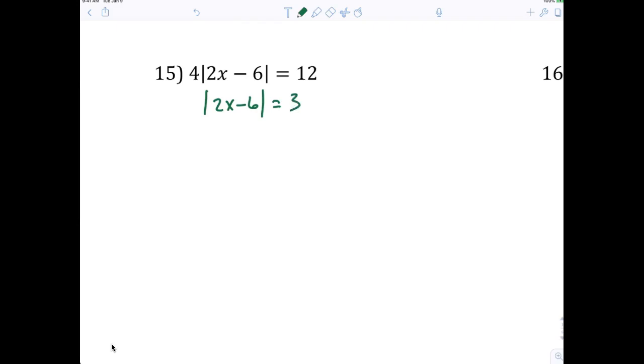Now from there, tell me what to do. I've got to write the 2 equations now. 2x minus 6 equals 3, and 2x minus 6 equals negative 3. Now listen, I always tell kids, it doesn't matter if you put the negative 3 here or the 3 here, but for consistency, just write this number first and then the opposite over here.